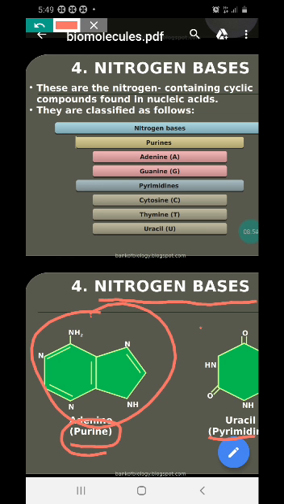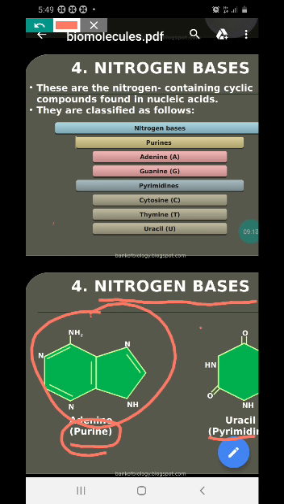I'll say what nucleotides are. And what is a nucleotide, children? A nucleotide means a nucleoside plus a phosphate group. A nucleoside, S-I-D-E, nucleoside plus phosphate gives rise to a nucleotide. Now how do you get a nucleoside?